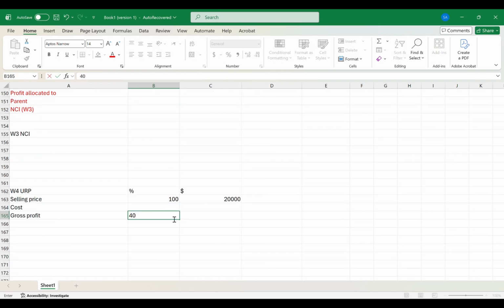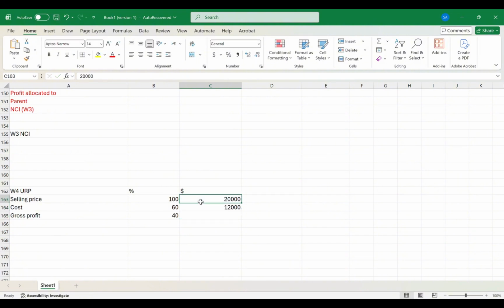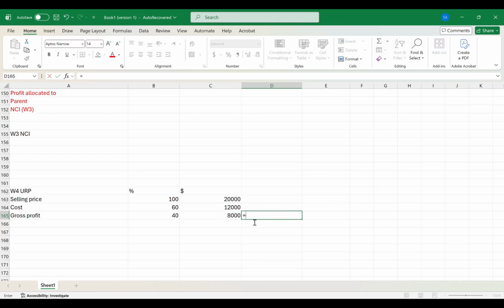That means this is 40, so cost would be 60%, right? Now when you're taking 60% of this is 12,000. So your cost is 12,000. Then it is simply this minus this. If you want to find in terms of value, your gross profit is 8,000 and half of them is remaining in the inventory. This divided by 2. So 4,000 is your unrealized profit.